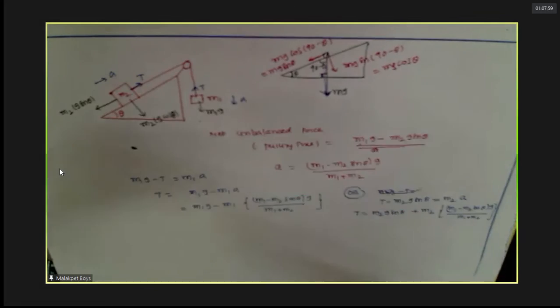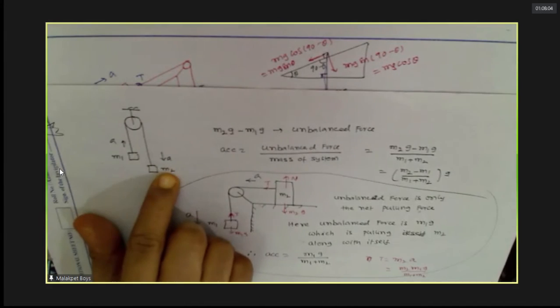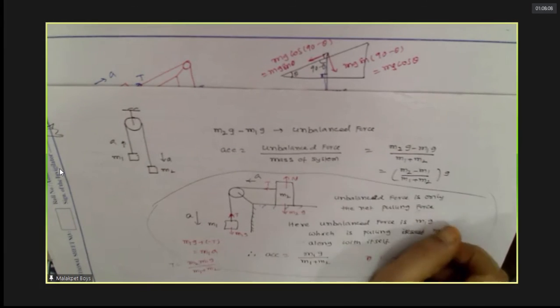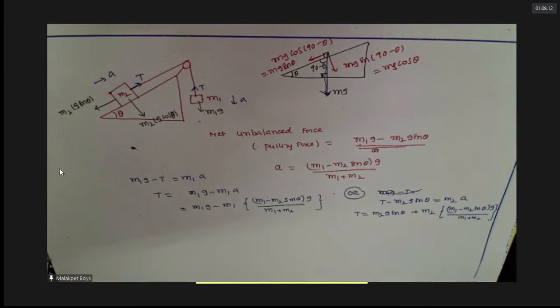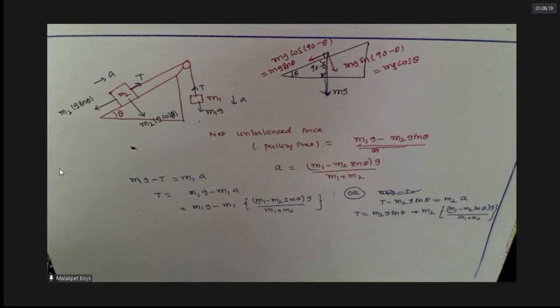That's why I did not take it. Here there is an opposing force, no? Here also this is the opposing force. That's why I subtracted. Opposing force should be taken. Understood this? Yes, sir.